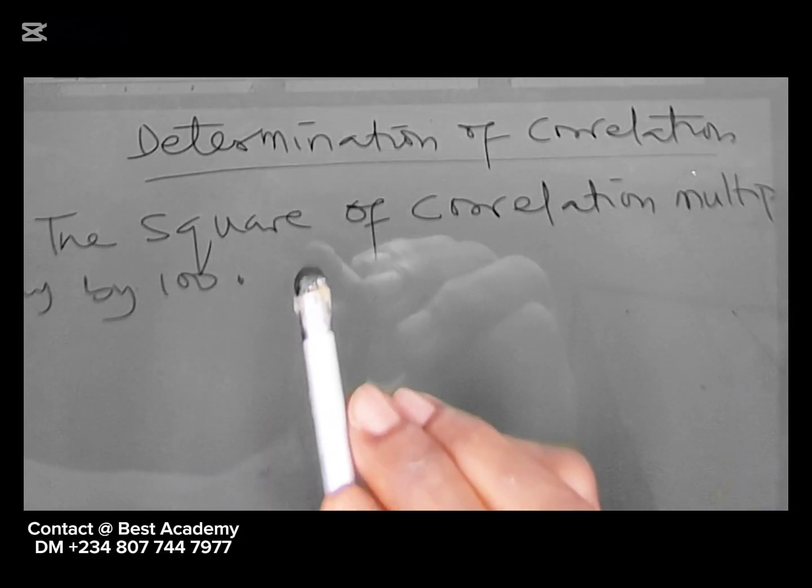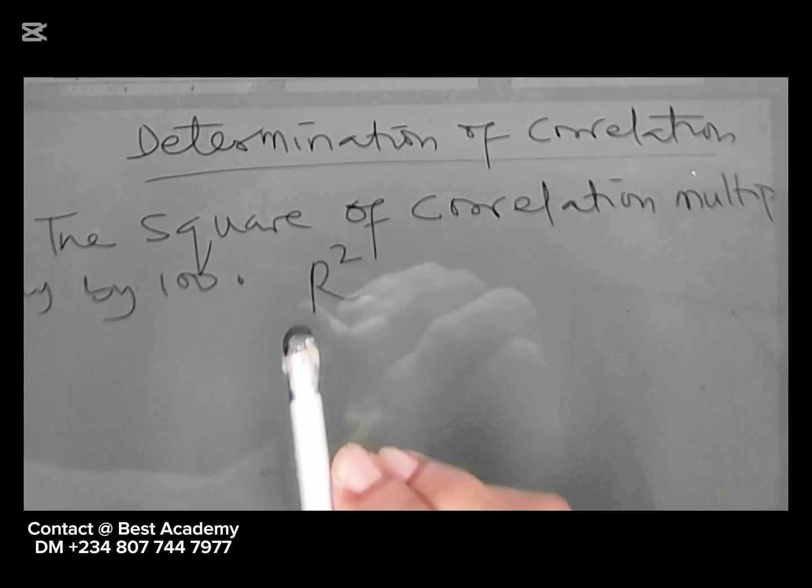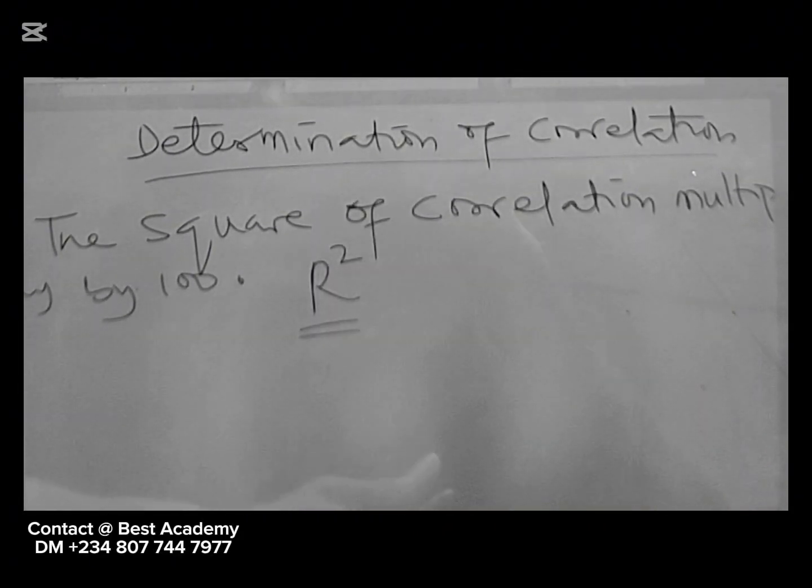Now it can be represented as R squared, something like this. The correlation can either be Pearson product moment correlation or it can be ranking correlation, depending on the method you are using or the method specified there. But remember that if the method is not specified, we use Pearson product moment correlation.